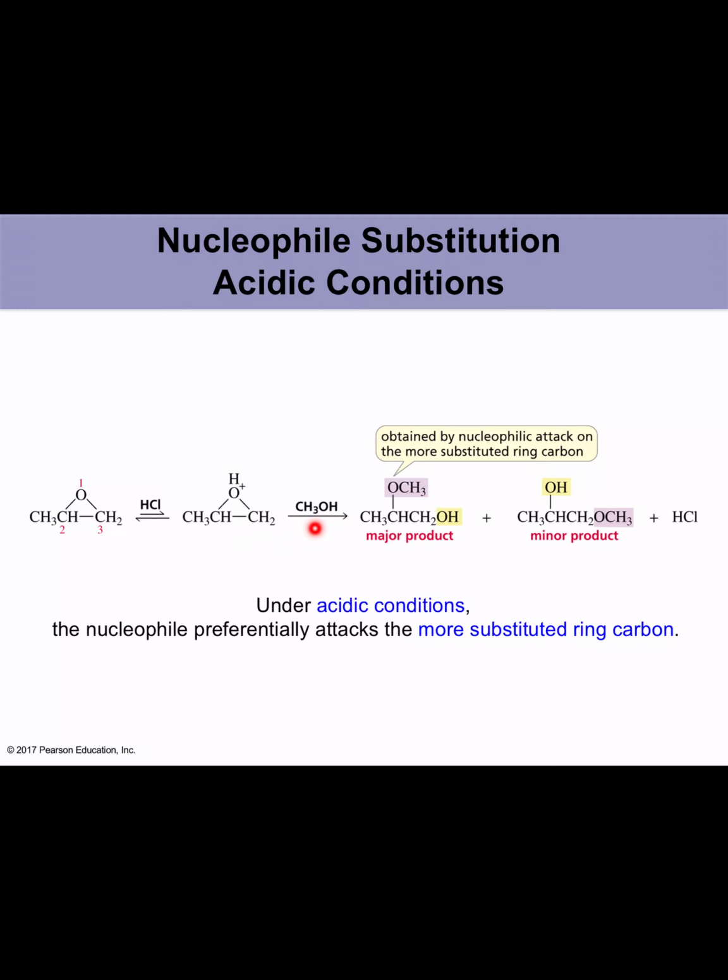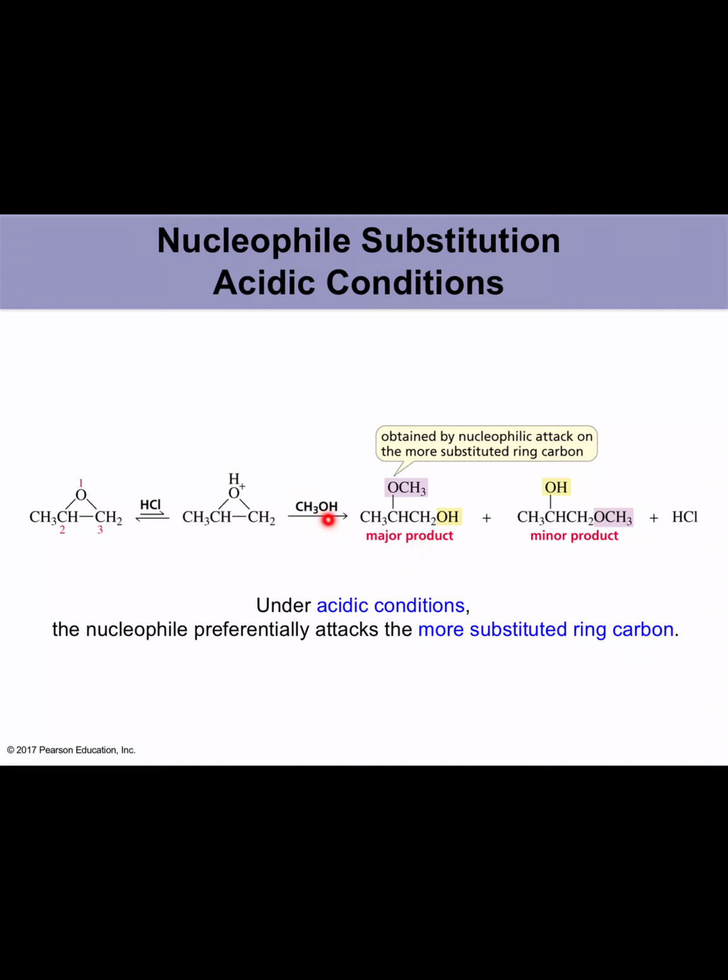Now methanol is going to act as a nucleophile, and it can go either to this carbon or to this carbon. Now this is not a symmetrical epoxide. This carbon has two hydrogens and this carbon has a hydrogen and a methyl group. And this has become the major product. So there are two possibilities.